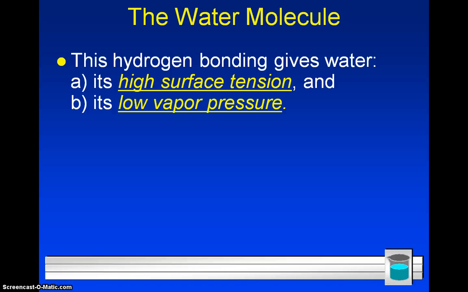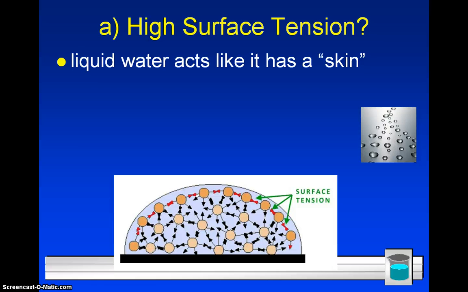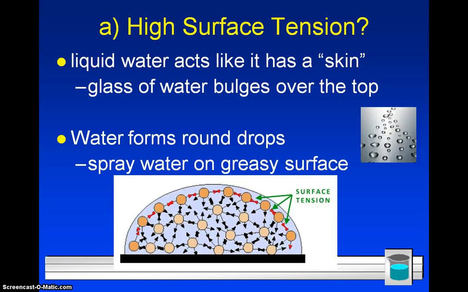So the first two I'm going to talk about are high surface tension and low vapor pressure. And just keep in mind that these are all resulting because of the hydrogen bonding of water. High surface tension is when water acts like a skin. If you put water onto a greasy surface, like wax paper, it forms little droplets instead of wetting and spreading out.